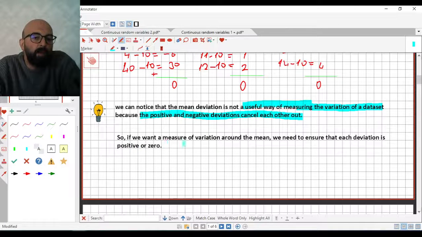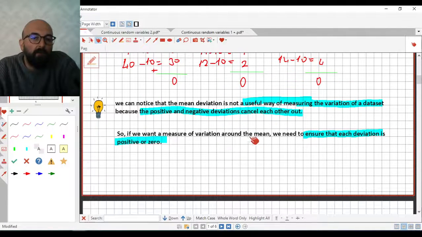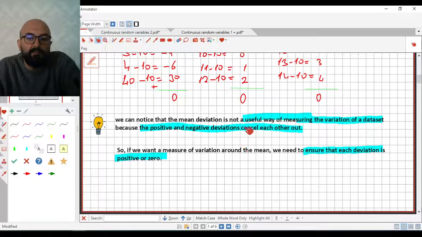So if we want a measure of variation around the mean, we need to ensure that each deviation is positive or 0.